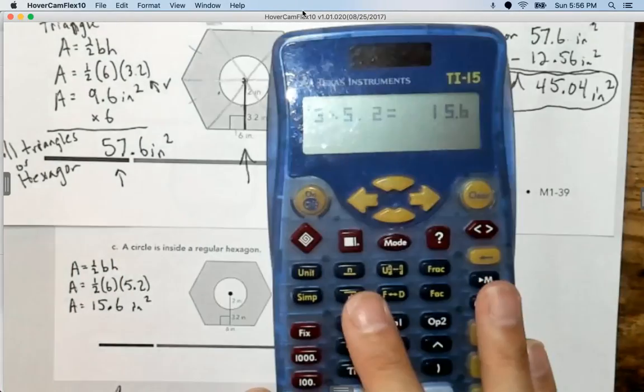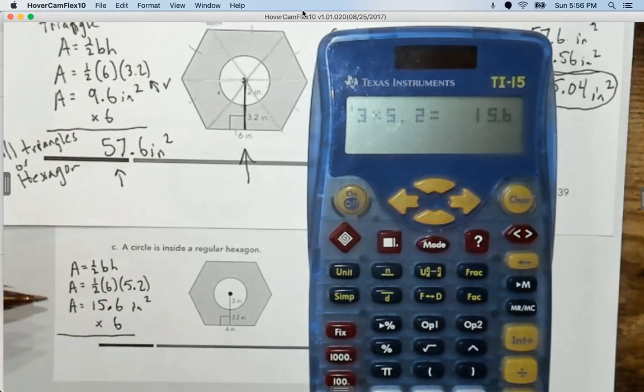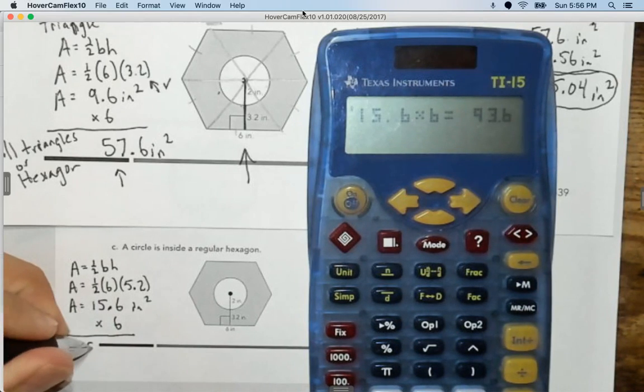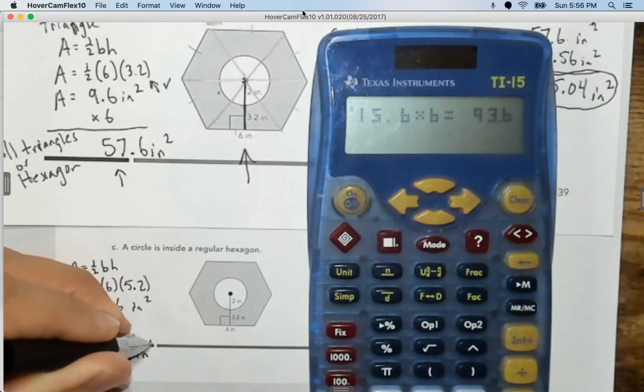And there are 6 of those triangles, so I multiply it by 6 still. And I get an area of the whole hexagon of 93 and 6/10 inches squared.